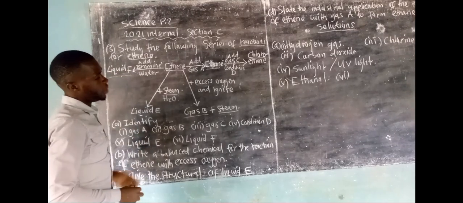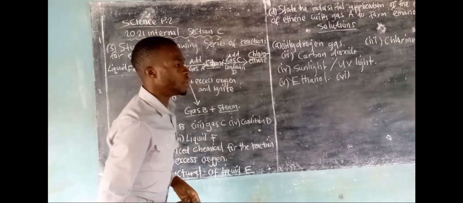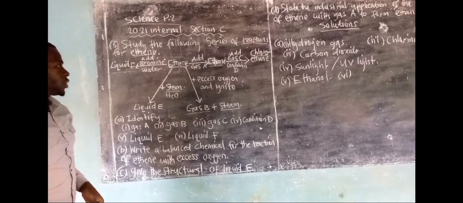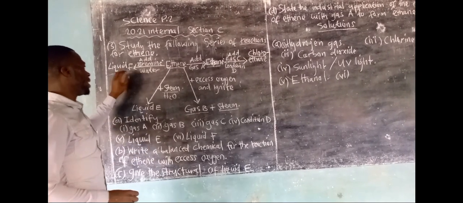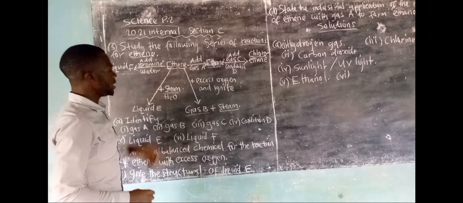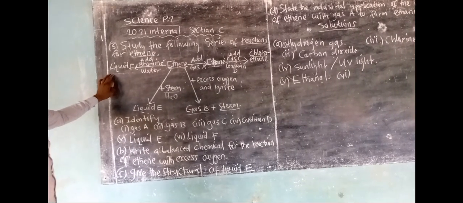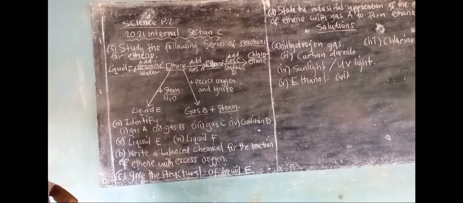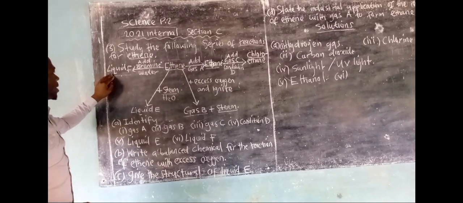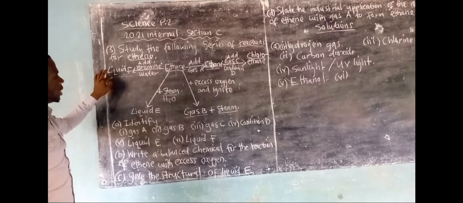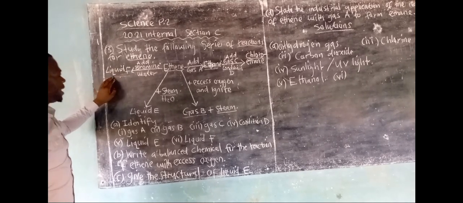Bromine water meaning we have two atoms of bromine there, which is Br2. So when that Br2 is added to ethene, it will give us liquid F. So there we have a compound which will go with the name 1,2-dibromoethane. So why that name?